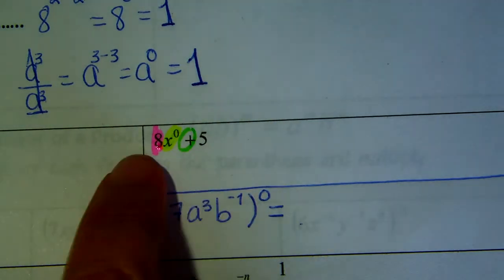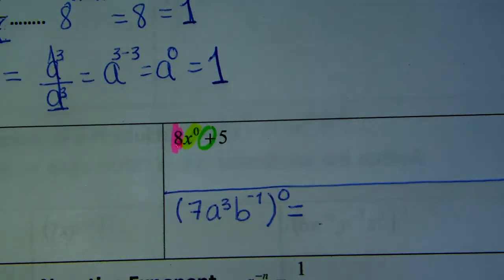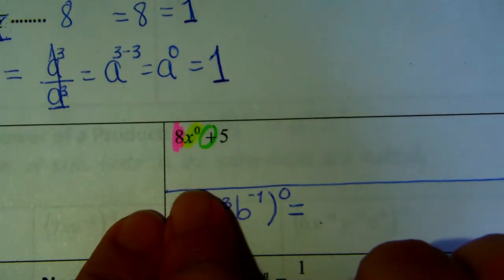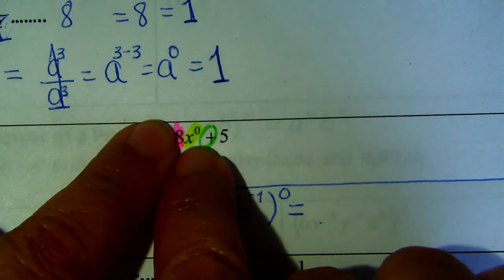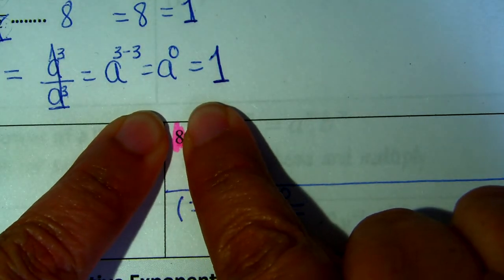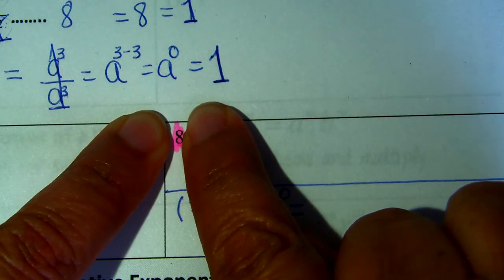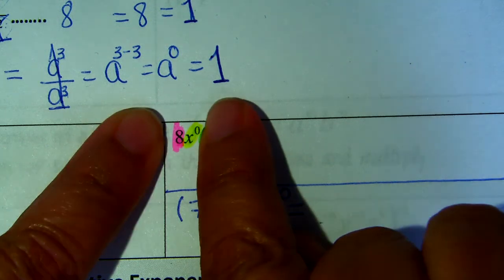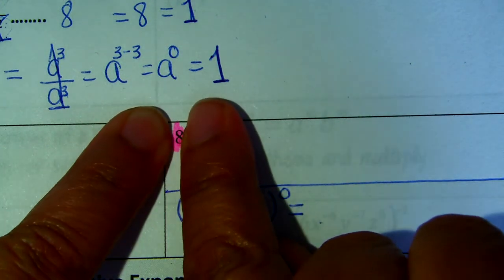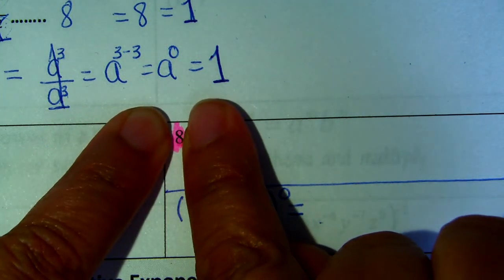Do we have any parentheses here? No, we don't. So the only thing that is elevated to the power of 0 is the x. So the 8 is going to stay like that. The 8 is not elevated to the power of 0. We don't have a parenthesis. So we're going to treat it as a separate entity, like a separate item.